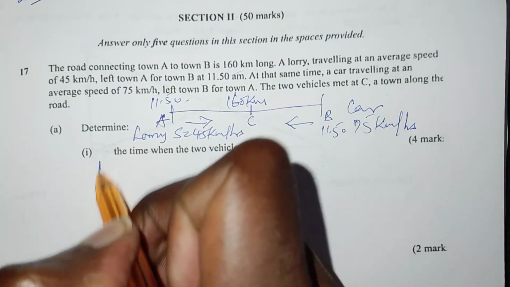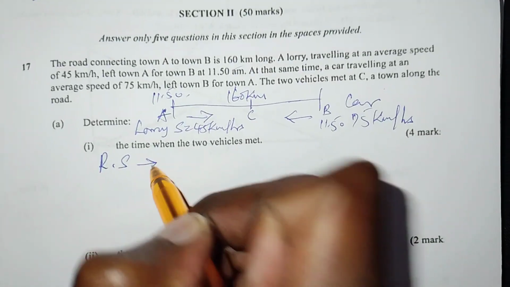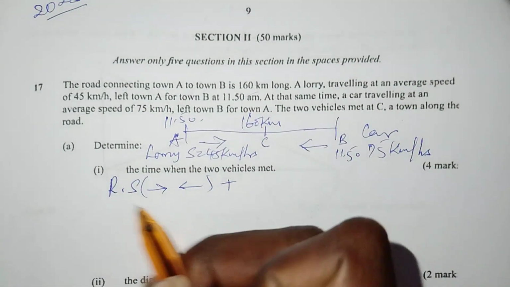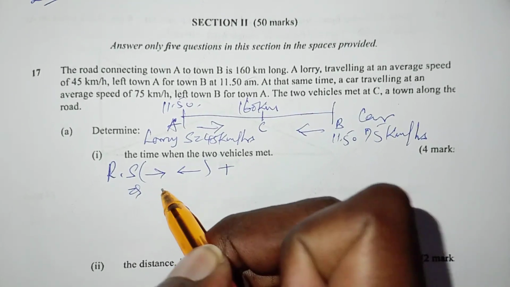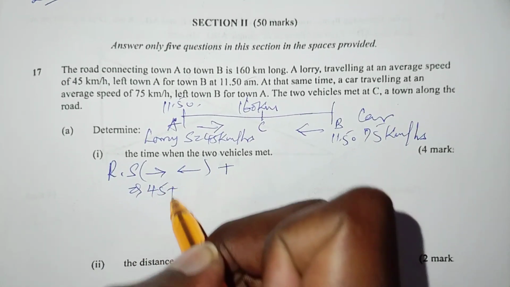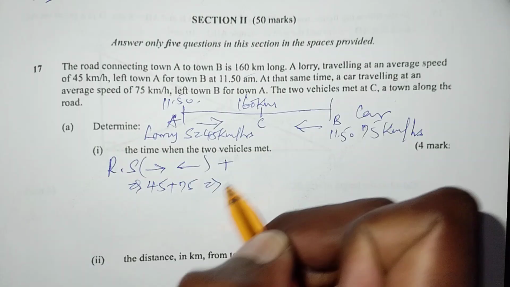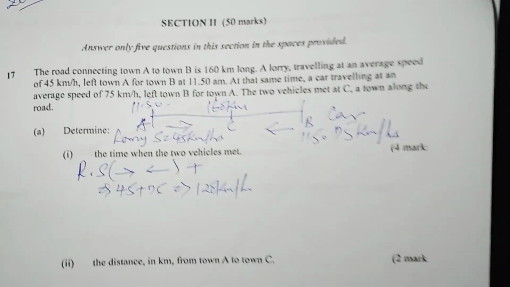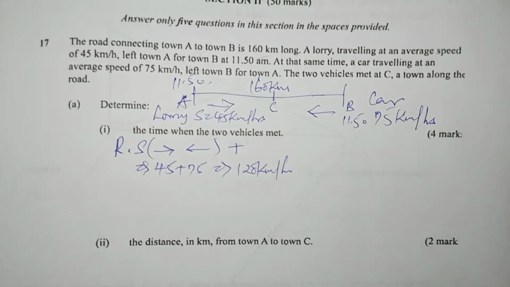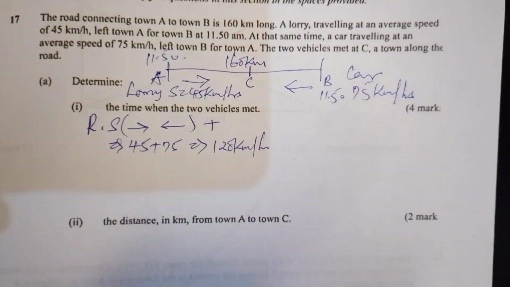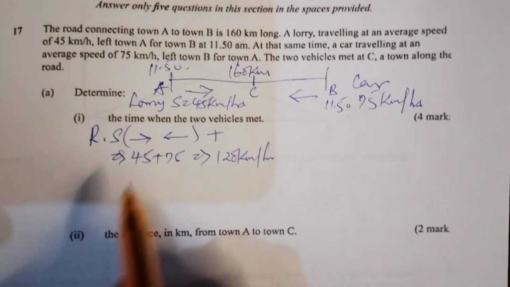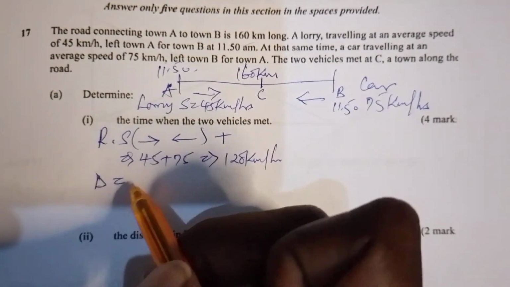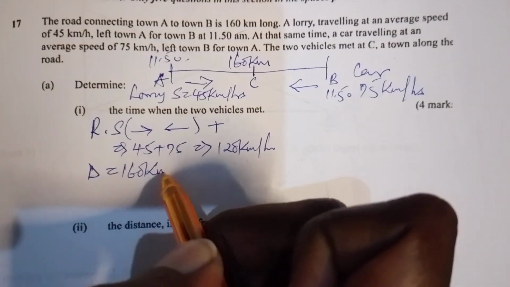So you have your relative speed. So we have two vehicles coming to meet. So here we are going to add. So we shall have 45 plus 75, which is 120 kilometers per hour. Then the distance between the two vehicles is 160 kilometers.